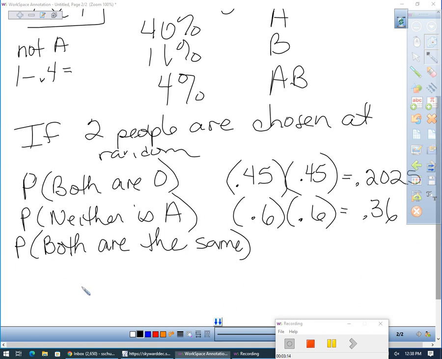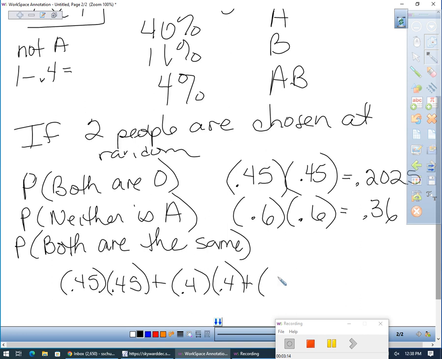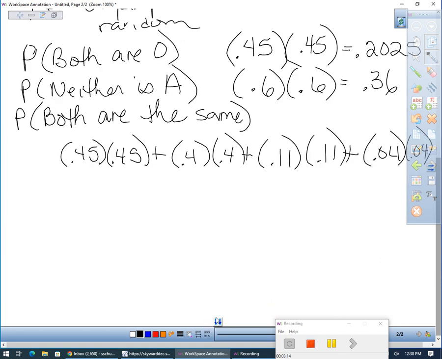Exactly. We're going to take the probability of the O's, 0.45 times 0.45, plus the probability of the A's, 0.4 times 0.4, plus the probability of the B's, 0.11 times 0.11, plus the probability of AB, 0.04 times 0.04. You should get 0.3762.